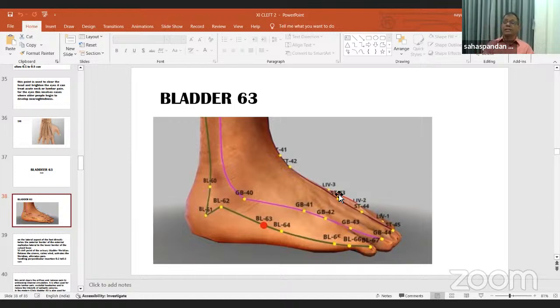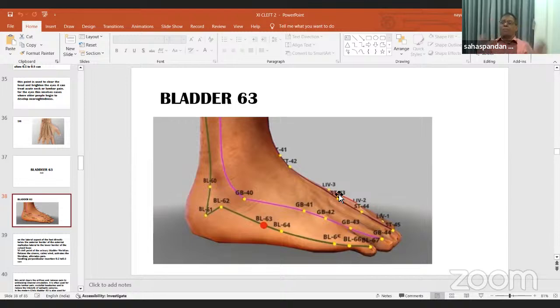This point clears the orifices and reduces pain by unblocking channel circulation.